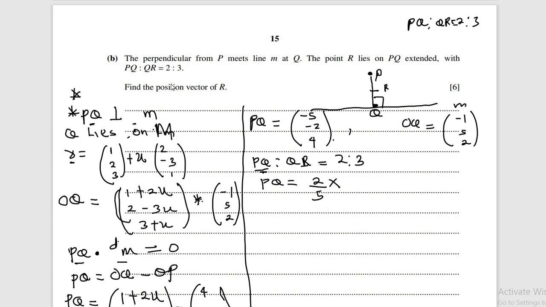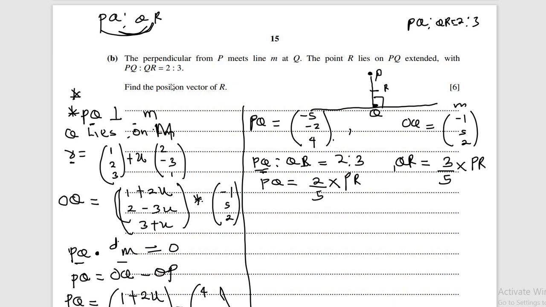The ratio is PQ to QR, which means the total line is PR. And the part of QR will be 3 over the total ratio times the total line PR.